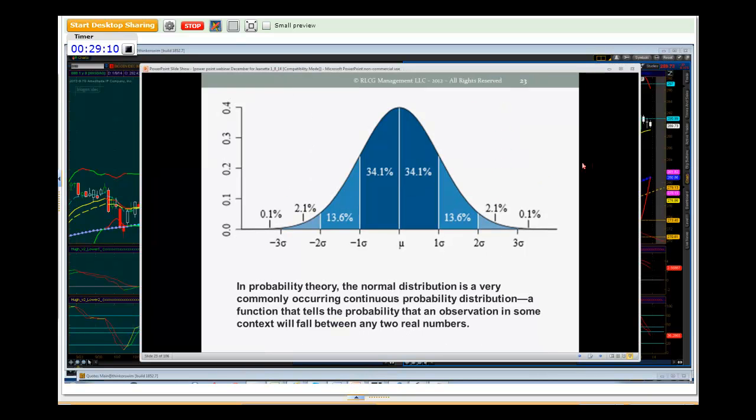So here's your old Statistics 101 normal distribution curve. What this is showing you is 1 standard deviation, and the probability that price will close between these 2 points is 70%.